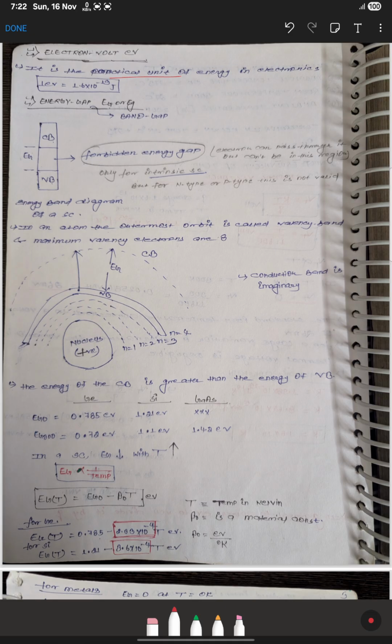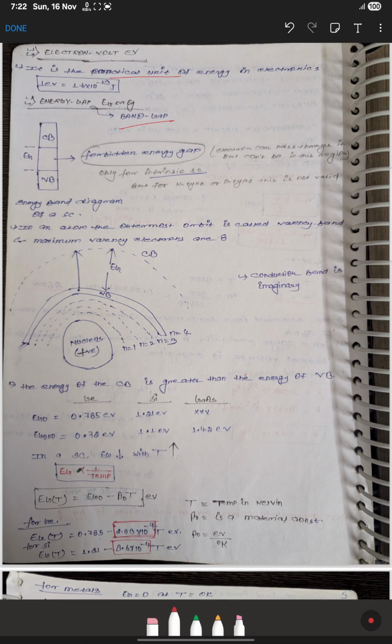Energy gap EG, we will denote energy gap, band gap by EG. There will be the conduction band, then EG, then the valence band. We can say EG is the forbidden energy band.